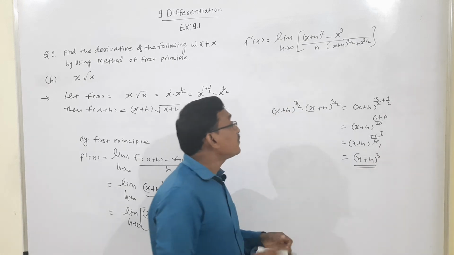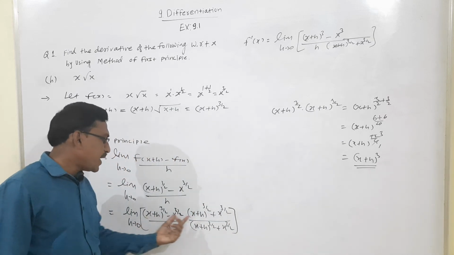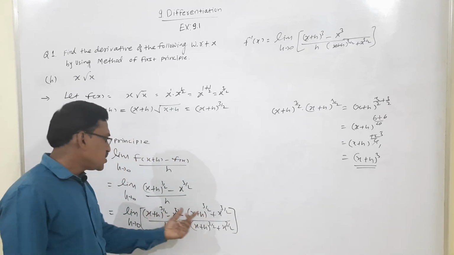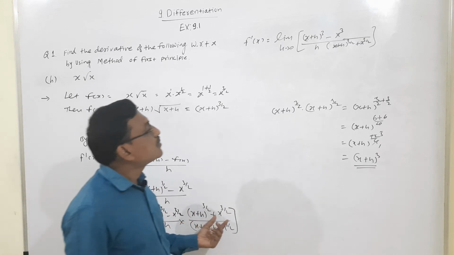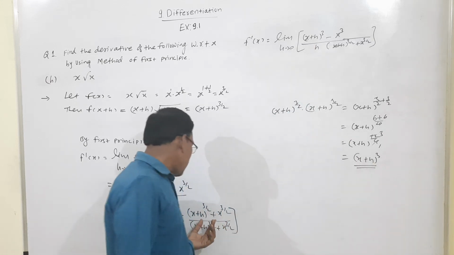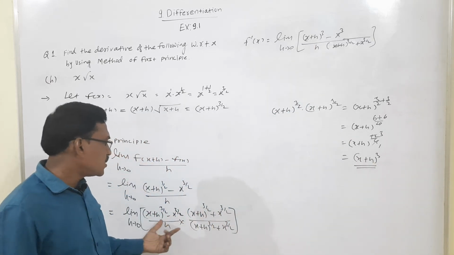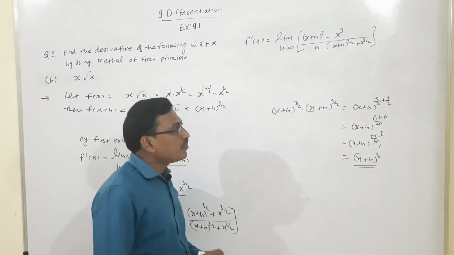Hence in this way the multiplication of these two brackets is x plus h to the power 3 only, and in the same way the multiplication of x into x to the power 3 by 2 into x to the power 3 by 2 is x cube only.